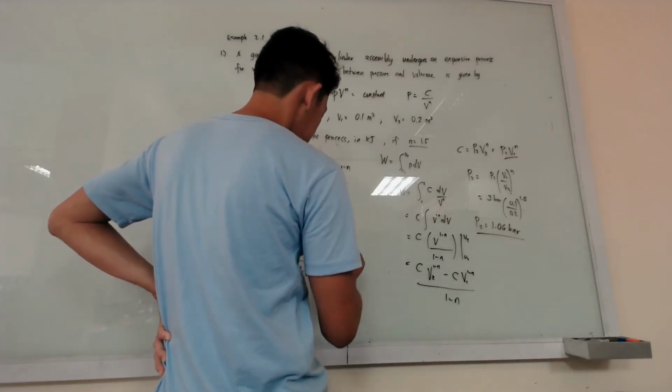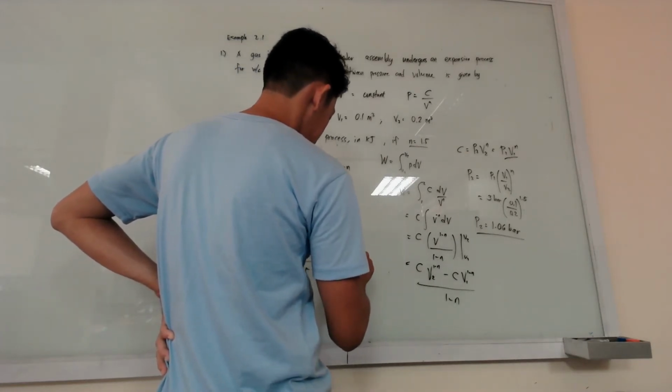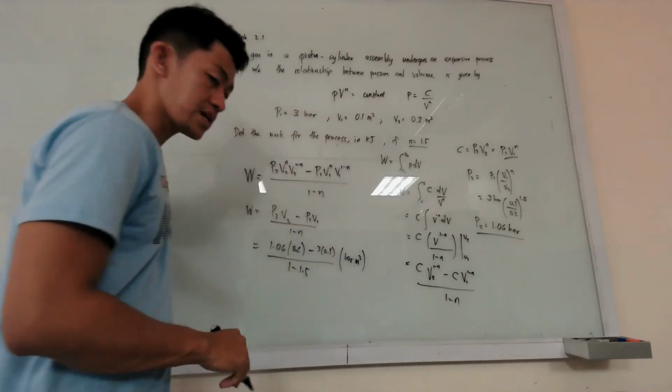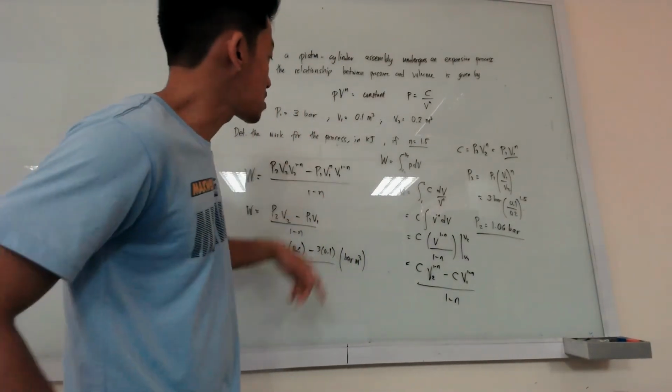The unit is bar times m cubed. But our target is kilojoule.